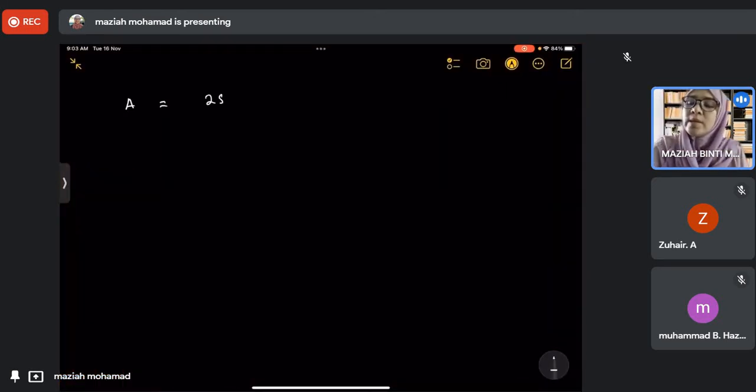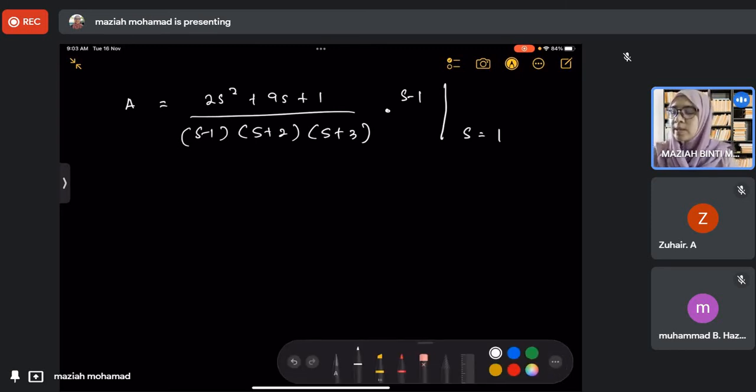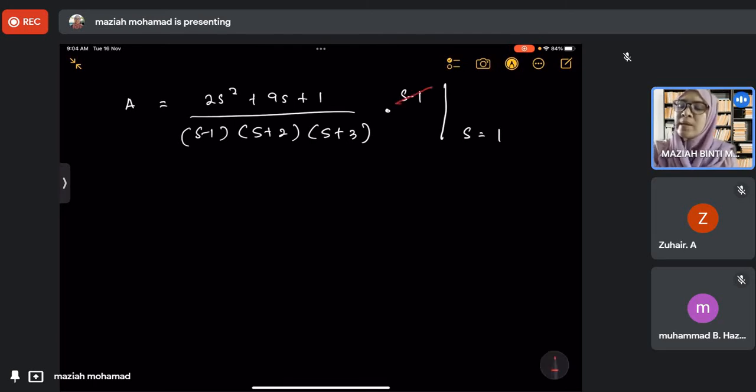Okay, 2S square plus 9S plus 1 divide by S minus 1, S plus 2, S plus 3, multiply with the denominator under A, which is S minus 1, where we consider S equal to 1. Okay, so that is the reminder theorem. So we're going to cancel S minus 1 with S minus 1 and then we replace S equal to 1.